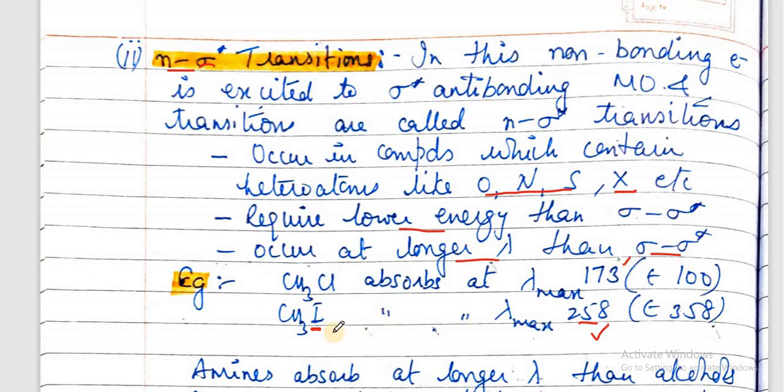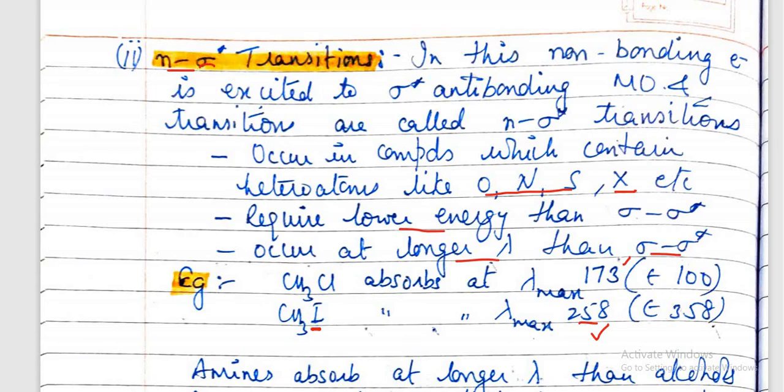But iodine is less electronegative than chlorine, so the electron is easily excited, so less energy, that is more wavelength.